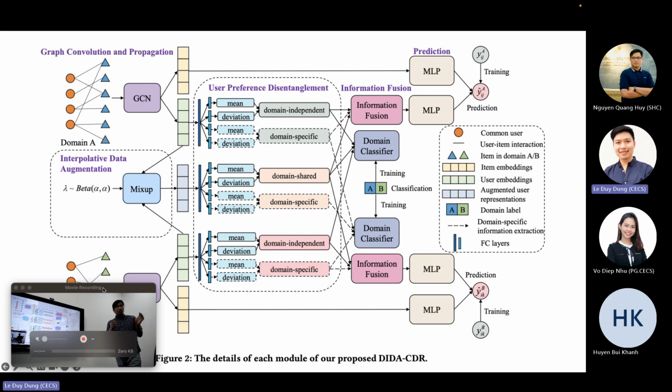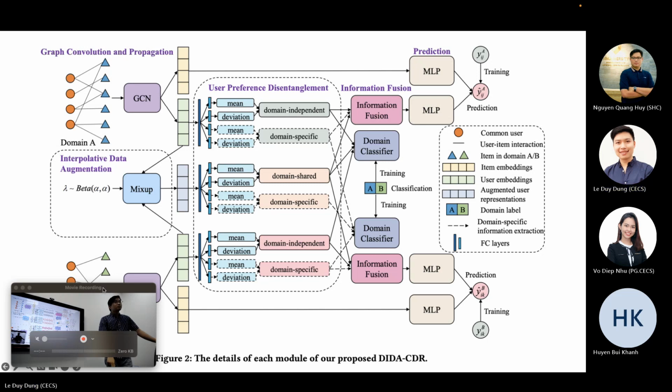because we cannot ensure that we can extract the domain independent accurately, right? So they add another classifier to guide the extractor to extract the correct information for domain independent. So that would be up to the loss function, right?